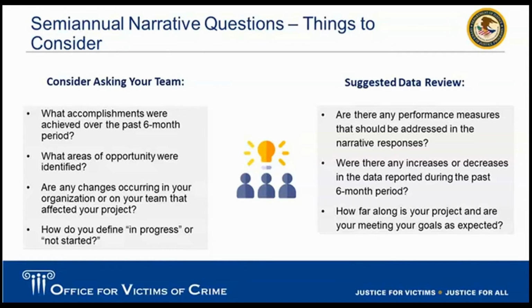If you're unsure of where to start with your semi-annual reports, start with just looking at the data. If there are any changes, any increases or decreases within the reporting period, anything that's flagged in the quantitative data can be your starting point for what you want to mention in your semi-annual report.